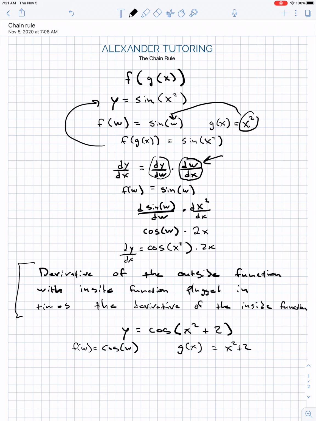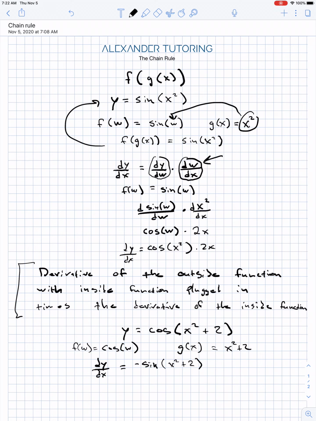Okay, so let's use these words now. The chain rule says that dy dx is the derivative of the outside function, which in this case is cosine, right? Cosine w. What's the derivative of the cosine? It's minus sine. Here's the key part. With the inside function plugged in. So we want to leave that inside function, which is x squared plus 2, plugged into the outside function.